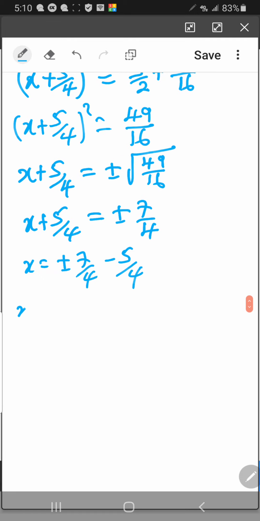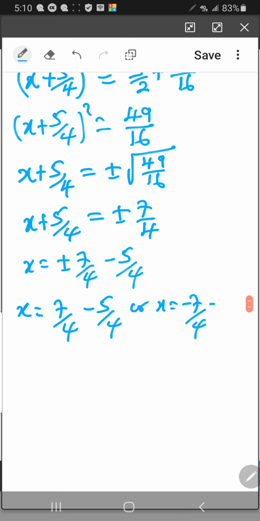This now gives x as 7 over 4 minus 5 over 4, or x is negative 7 over 4 minus 5 over 4. X now becomes 7 over 4 minus 5 over 4 is 2 over 4.